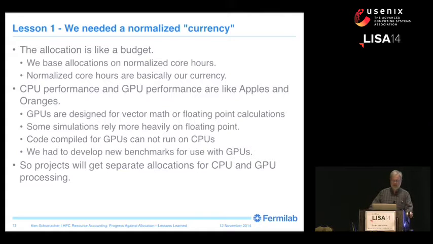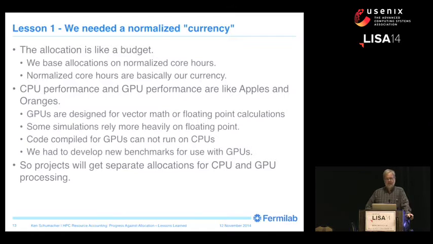Allocation you can consider like a budget. Budget's a term you would expect to hear when somebody's talking accounting. The allocations are all based on normalized core hours. That's basically our currency. CPU and GPU performance, however, are like apples and oranges. You don't link them. GPUs are designed to do a very different kind of math, a different kind of processing.